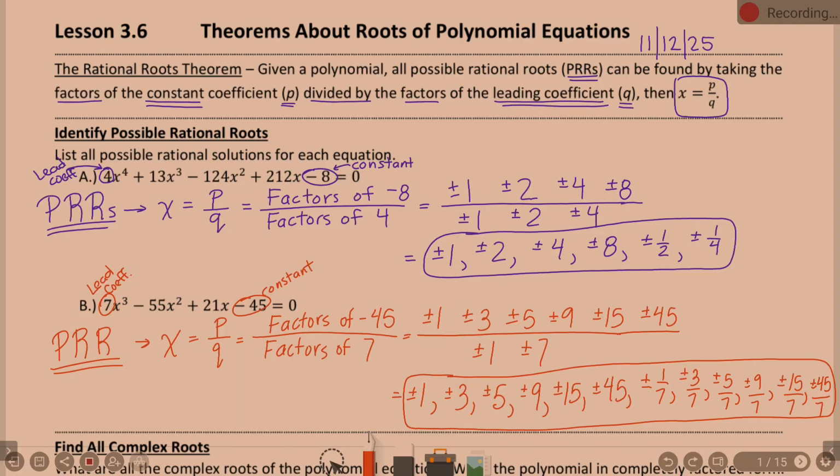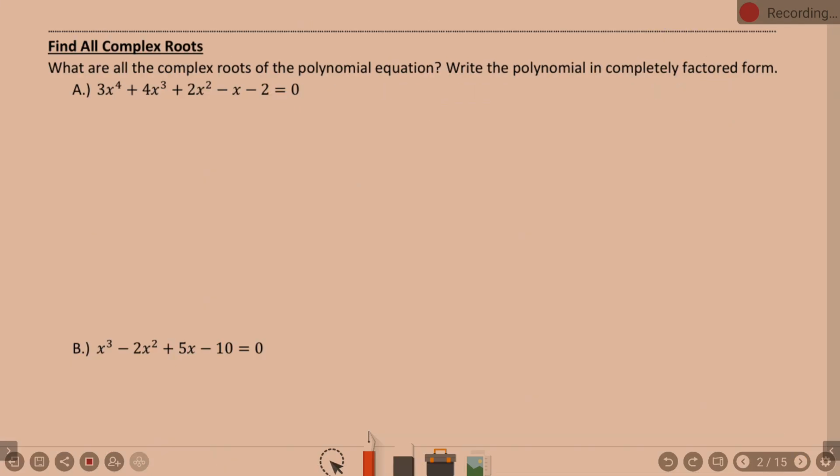Okay, we have the basic idea of how PRRs work, yes? Okay, so moving on to the next section then. We're going to use PRRs to start these problems, because on these next problems, they ask us to find all complex roots. So PRRs finds possibilities.